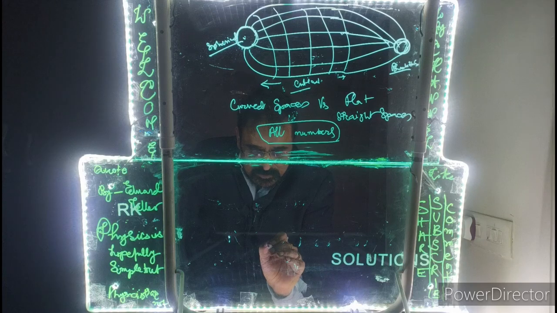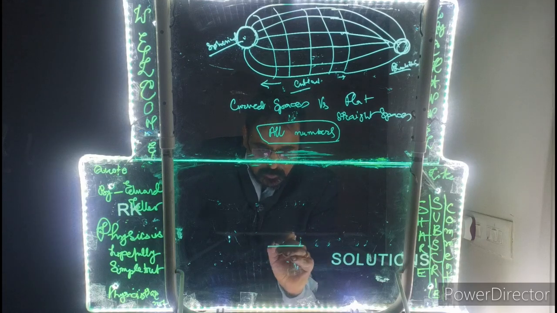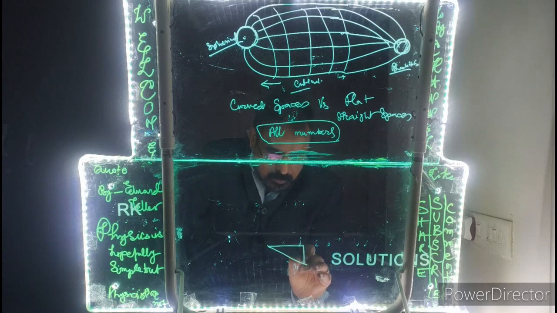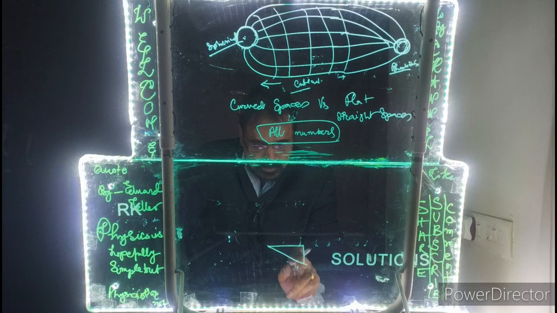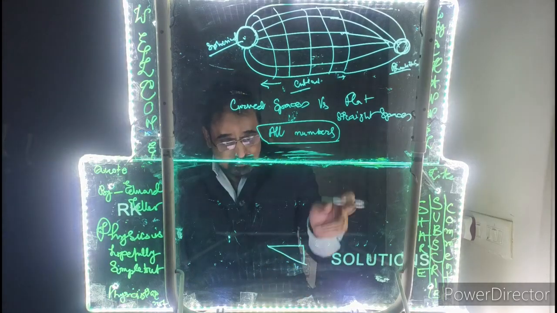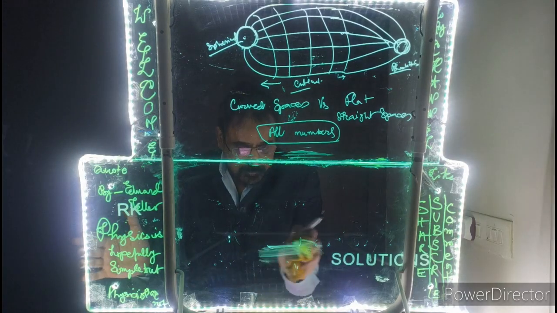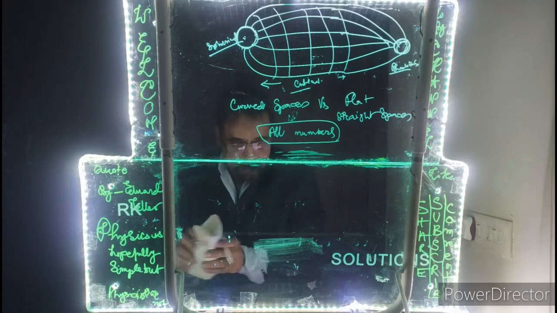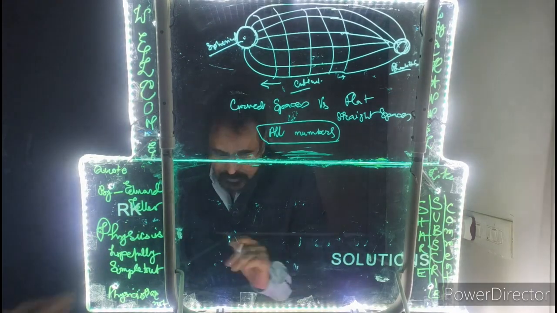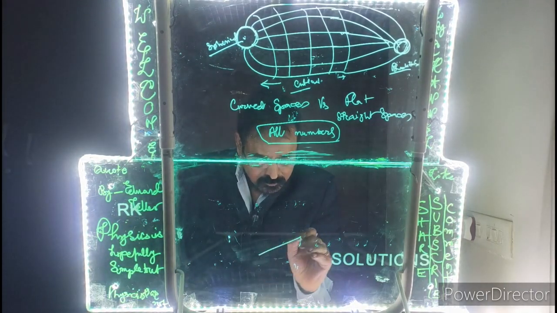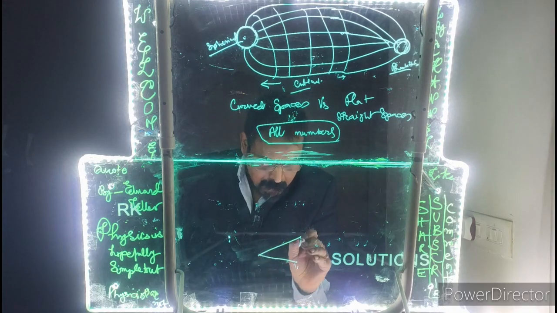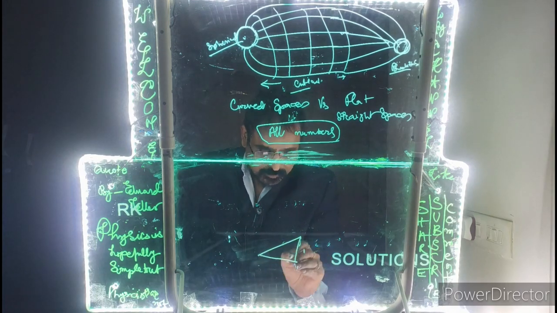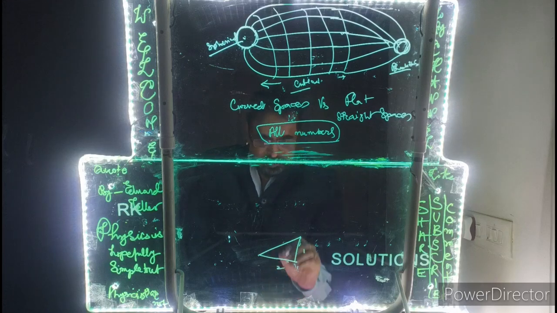Let us take one building like that. So the diagonal, let us take like this. This is 1, this is 2, this is 3.